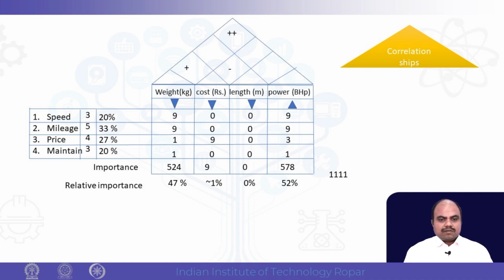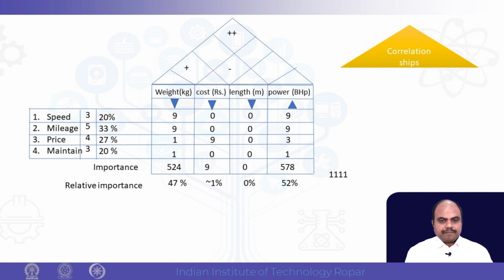So weight and speed are related to each other, and it is going to get influenced. Similarly, weight and mileage, cost and speed, that is not much, no relationship among them.